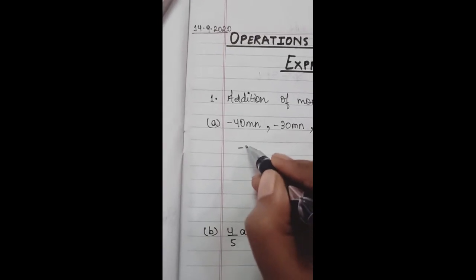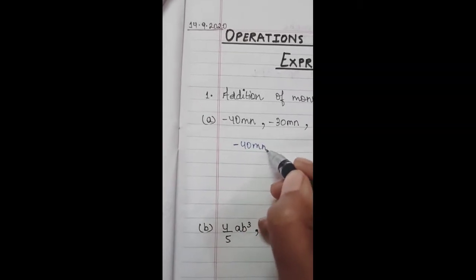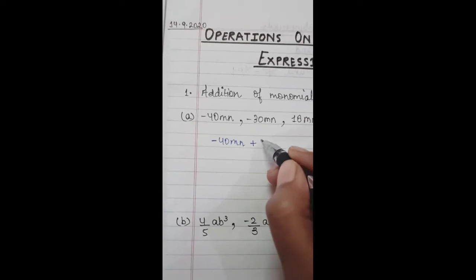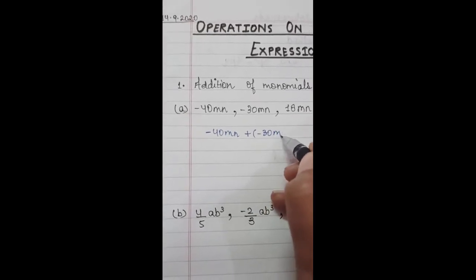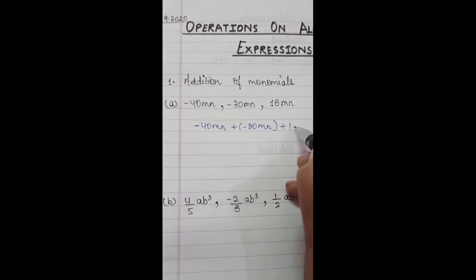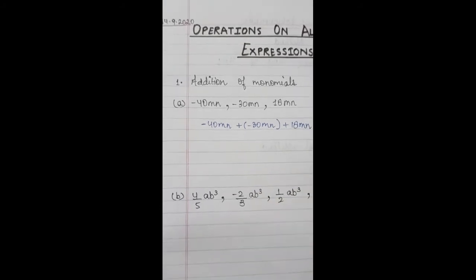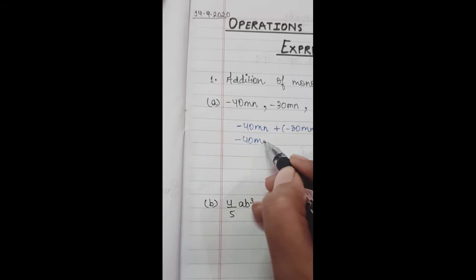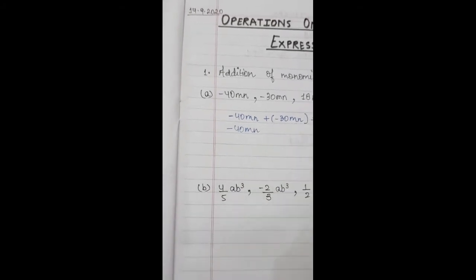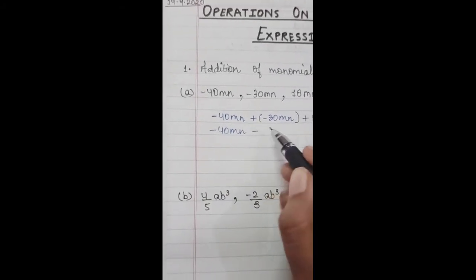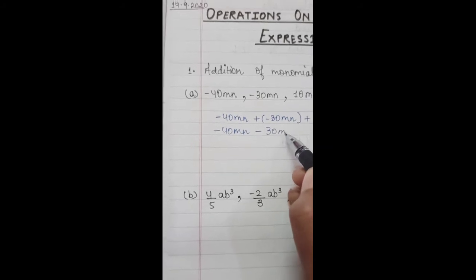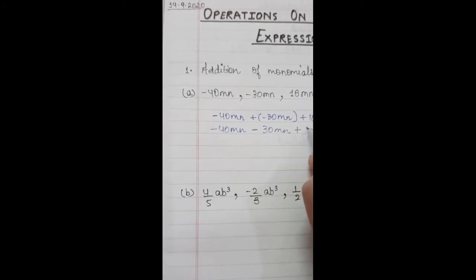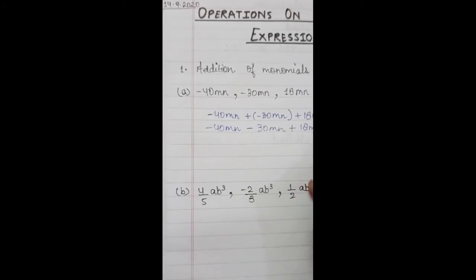So first we write minus 40 mn plus minus 30 mn plus 18 mn.